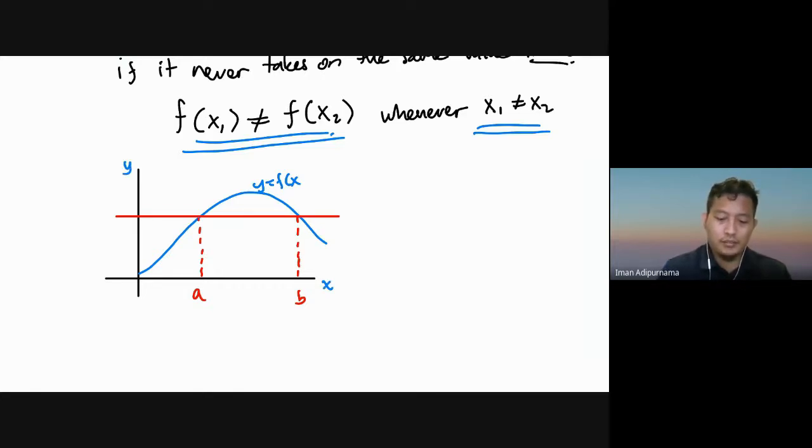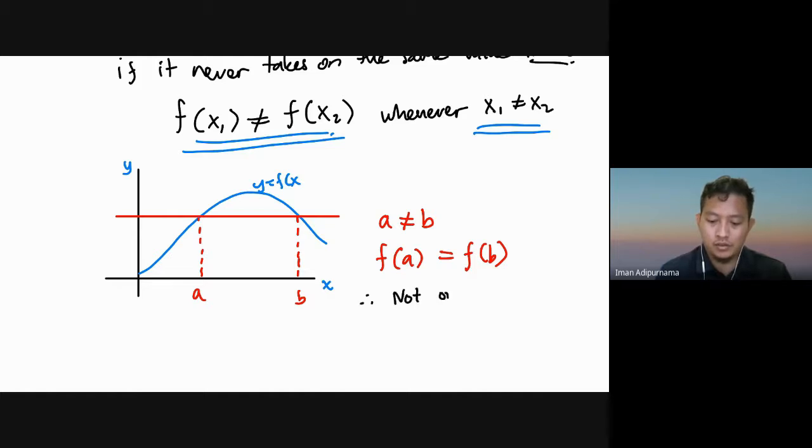At A and B, it has the same value. A is not the same as B, but f of A is the same as f of B. So as a conclusion, this is not one-to-one.